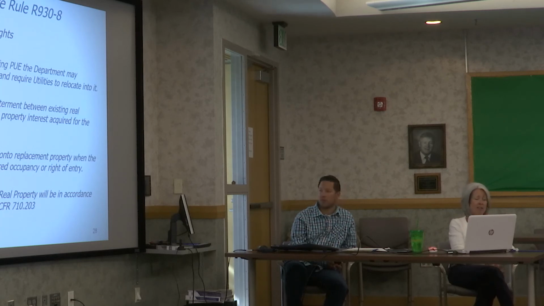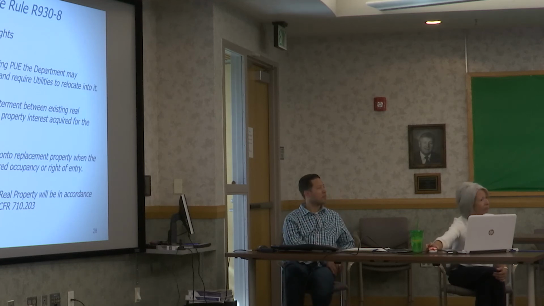And now, as long as we have court-ordered right of entry, and the condemnation process is proceeding, then the utility companies can go ahead and relocate onto that property. And the acquisition of any non-operating real property would be in accordance with the Uniform Act and not a utility relocation.